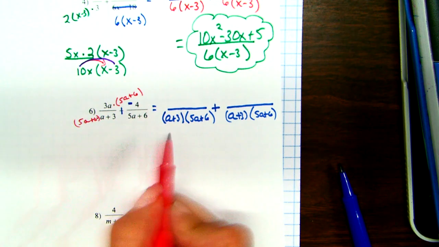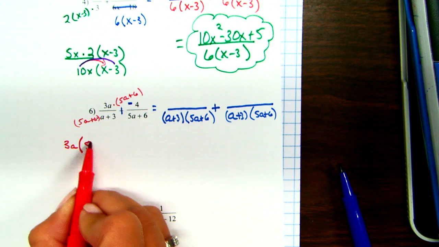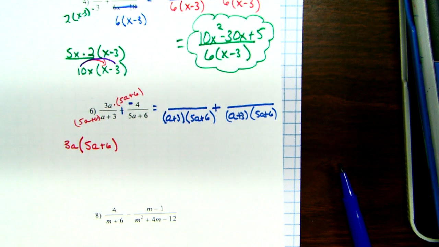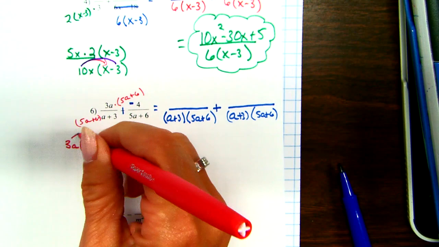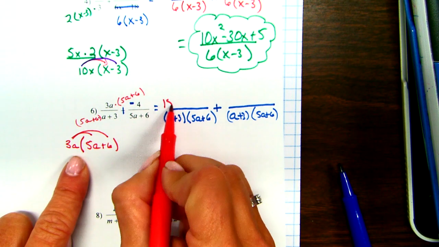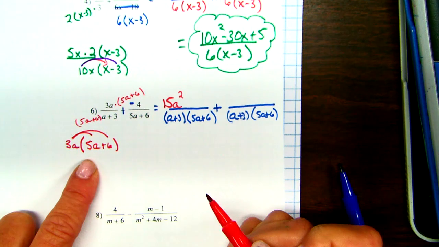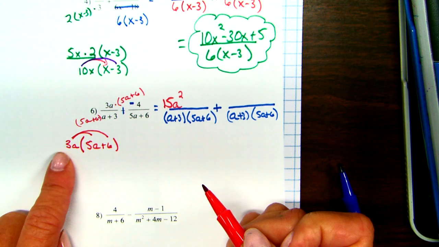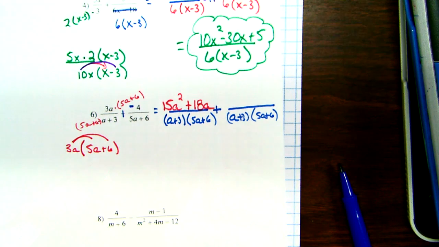So I'm doing 3a times 5a plus 6. Yes, that's what I'm writing. 3a times 5a plus 6. Distribute. 3 times 5 is 15, a times a is a squared. 3a times 6 is 18a.